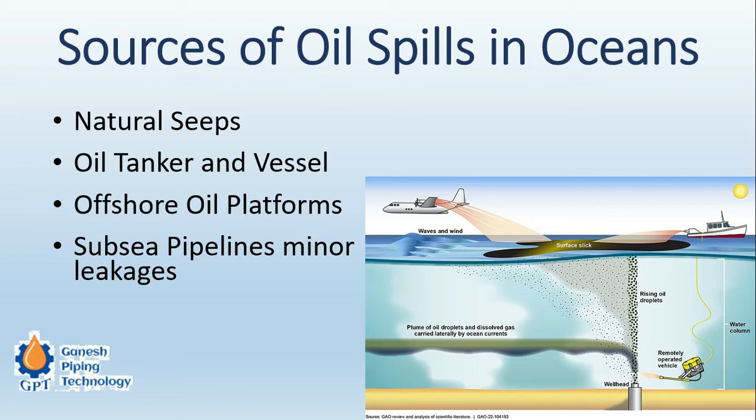One is the natural seep. So what is a natural seep? For example, the hydrocarbon reserves are buried beneath the seabed. Whenever these hydrocarbons seep out into the ocean, it creates a kind of oil spill. Another source: if a well has been completed and properly produced, then at the end of the well's life we have to abandon the well.